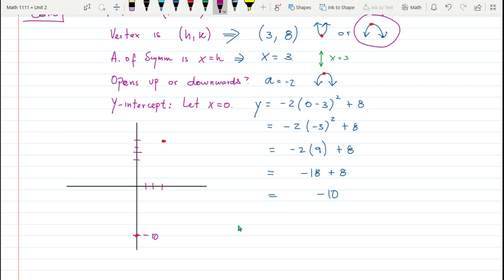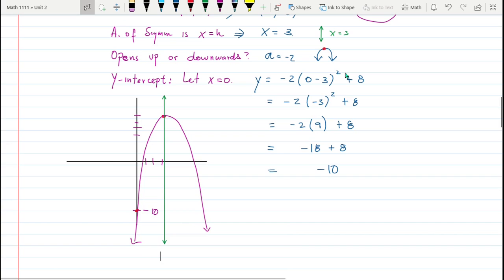And so we'll get something like this, and then this should be, we'll try again, try to go through that point, make it look pretty, I guess, something like that. And if we have to draw the axis of symmetry, or just to include it in there, we'll have a line that goes through everything like that with equation x equals 3.